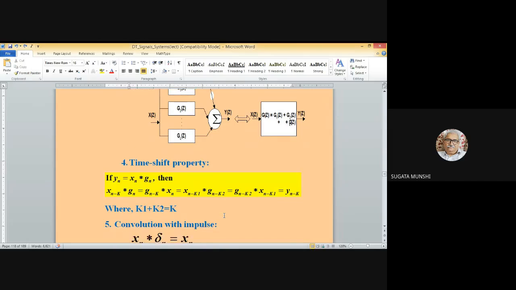Convolution with impulse, it's known to you. x[n] convolved with delta[n] will be x[n] itself. Do you remember, in case of continuous time signals, what will happen if x(t) is convolved with unit step?